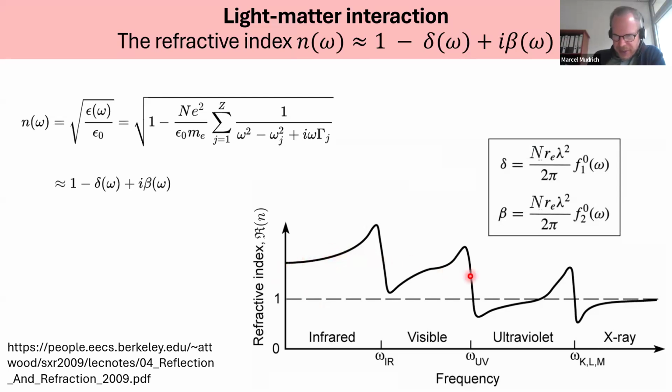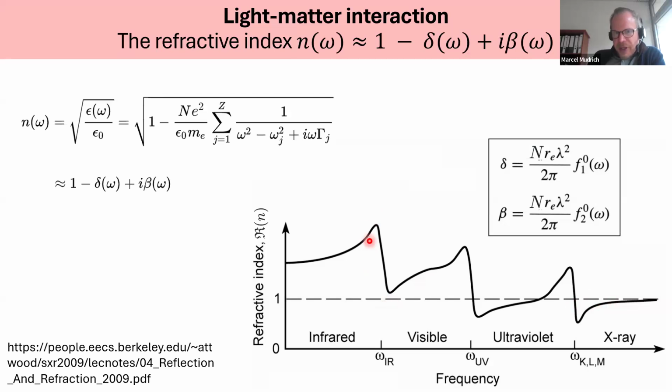But you can already see that going towards the UV and then into the X-ray range, the index of refraction typically becomes very close to 1, with only very small variations from 1. That's one main trend. The other main trend is that we have these wiggles, these regions where the index of refraction quickly drops from large to small.